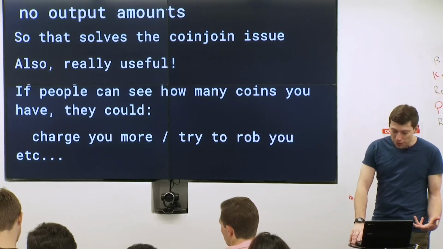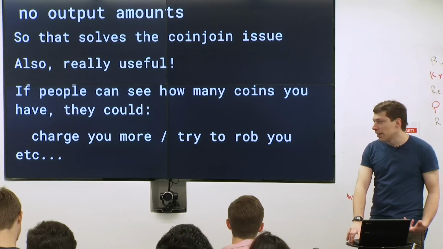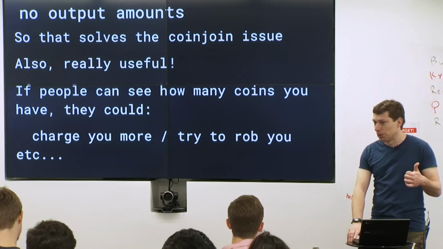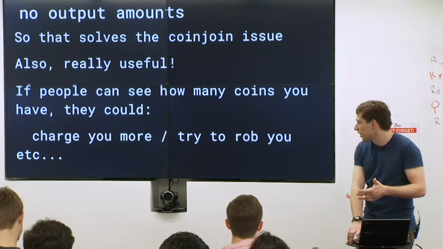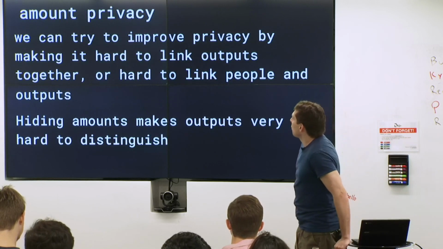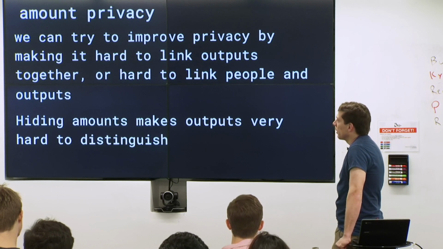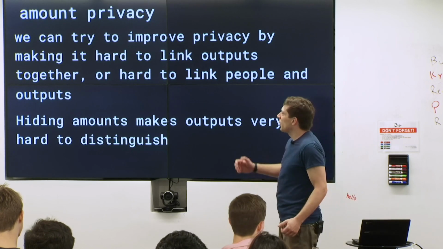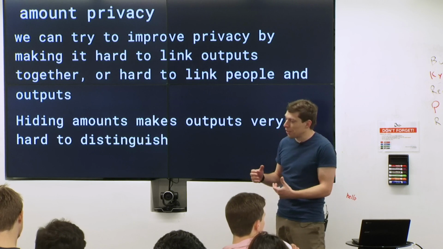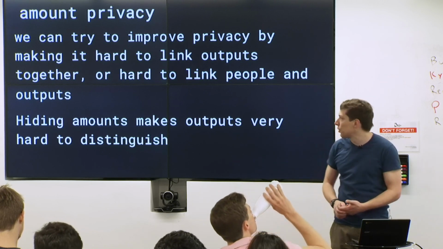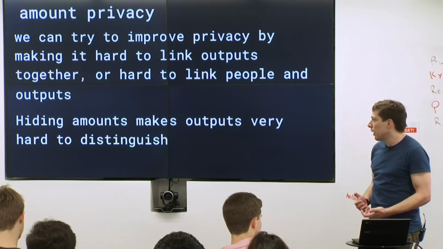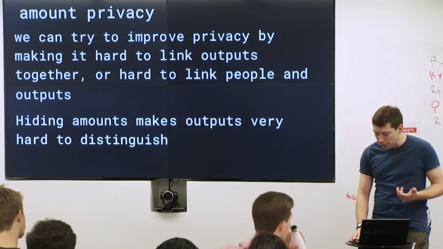Okay, so this would be really cool to do. I think people sort of agree this would be really cool, right? This is a nice thing to have. It also helps with privacy, right? You're trying to make it hard to link different outputs to each other, or link the outputs to a specific person, and hiding the amounts makes them really hard to distinguish.